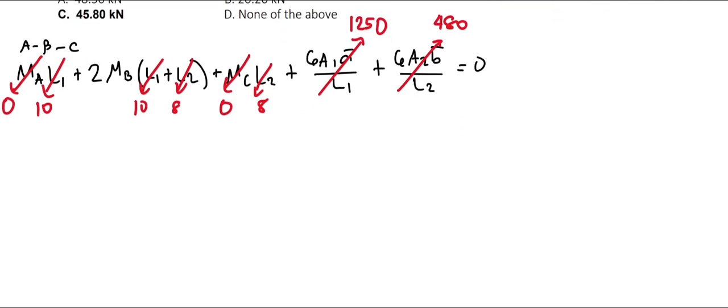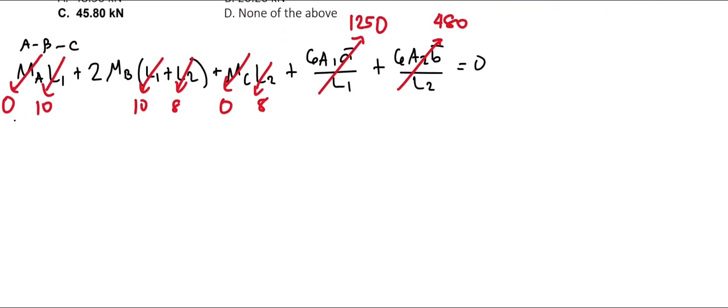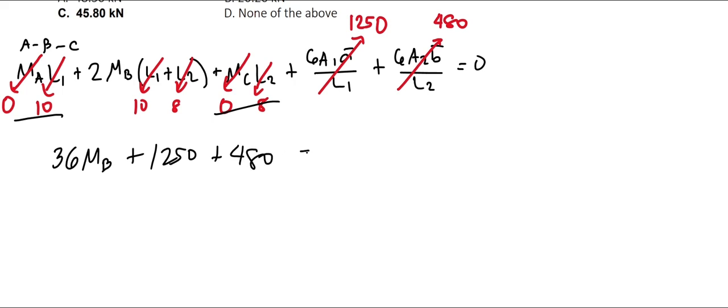Simplifying this expression, we will get 0 plus 2 times M sub B times 10 plus 8, that is just equal to 36 M sub B, plus 0 plus the moment factor of 1250 plus 480 equal to 0.